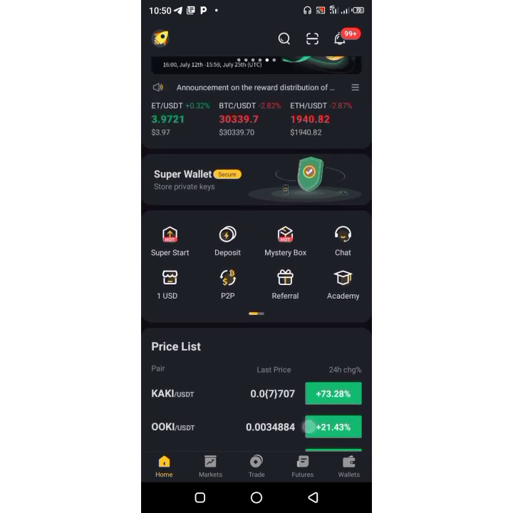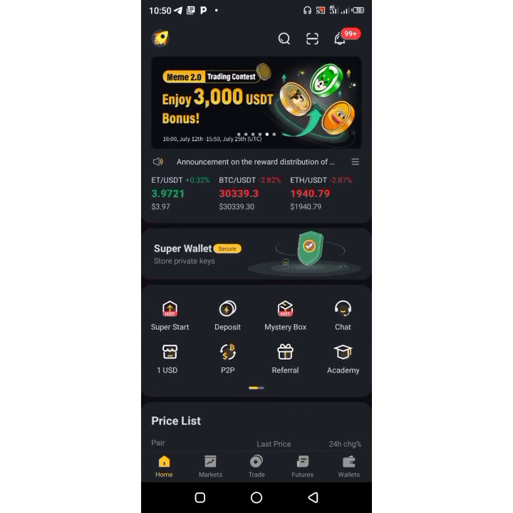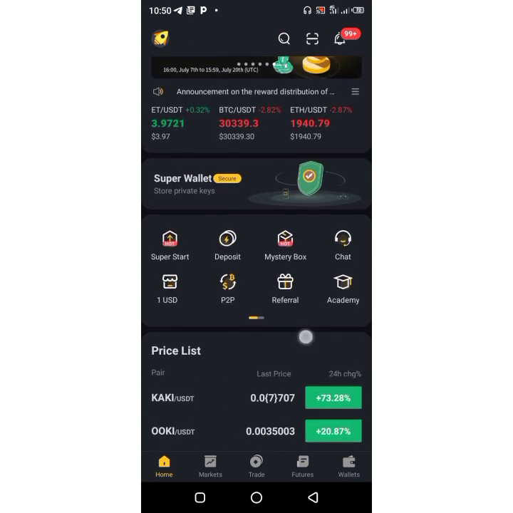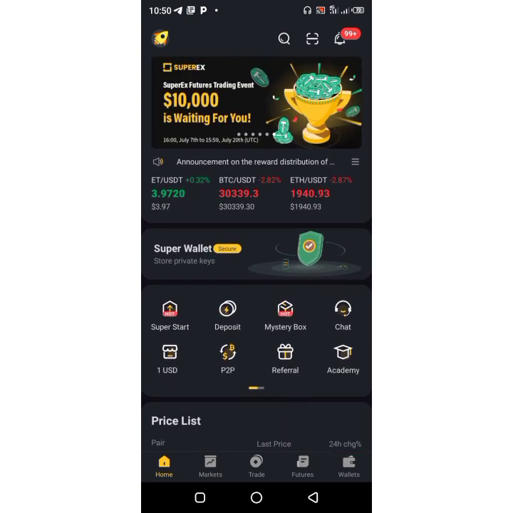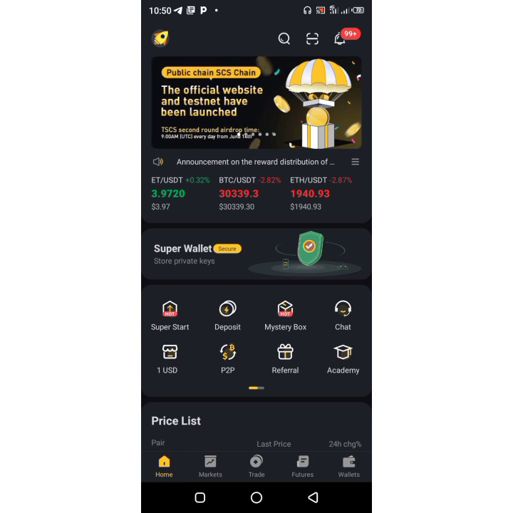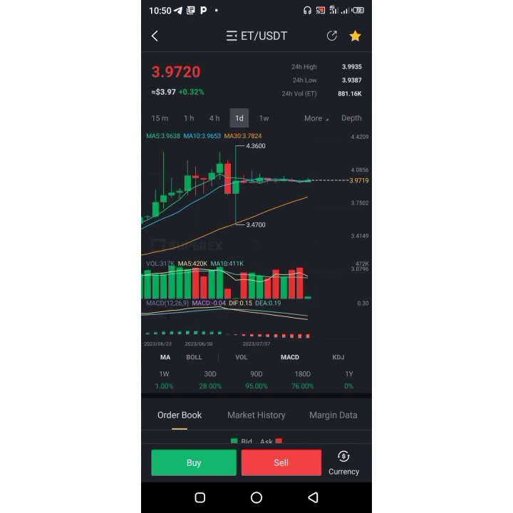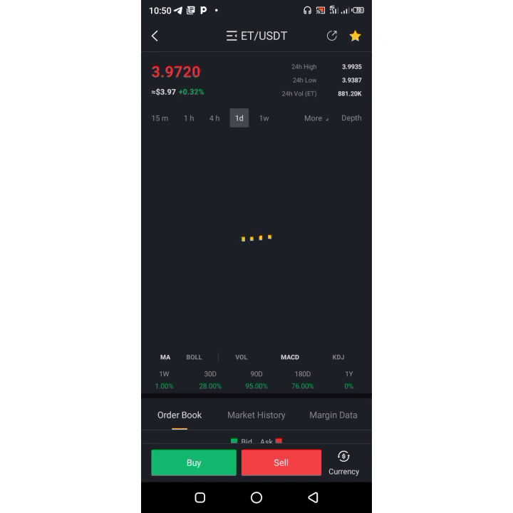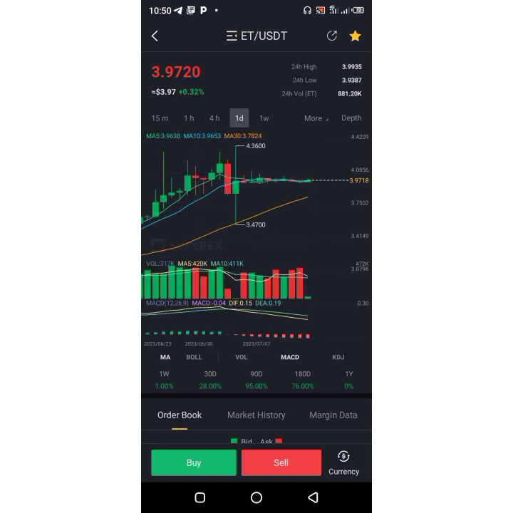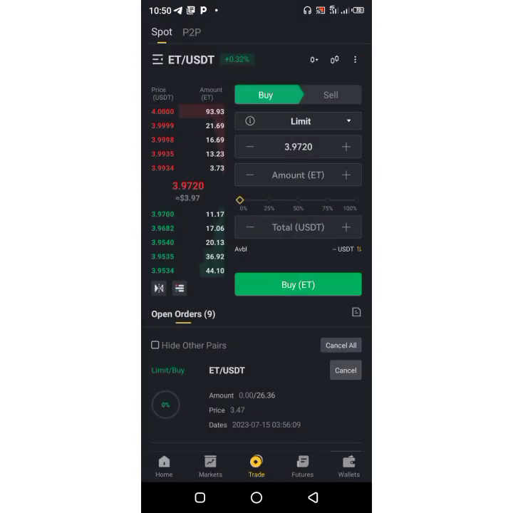Let's move on to spot trading. Let's say you want to trade ETH now. You can click on buy.